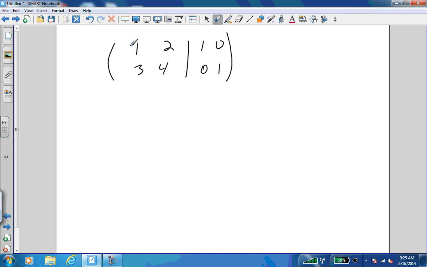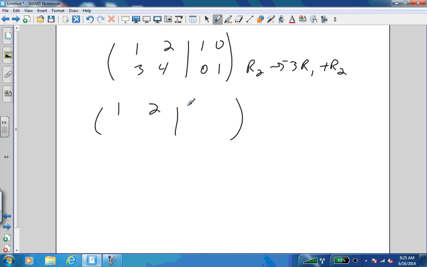So we have a 1 in our pivot, so we need a 0 here. So our second row is going to come from doing -3 of our first row plus our second row.